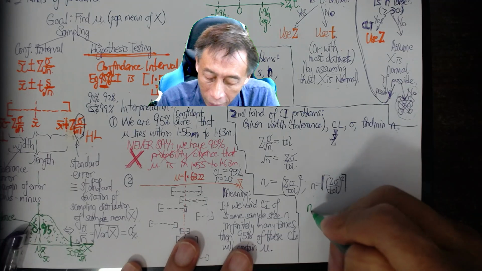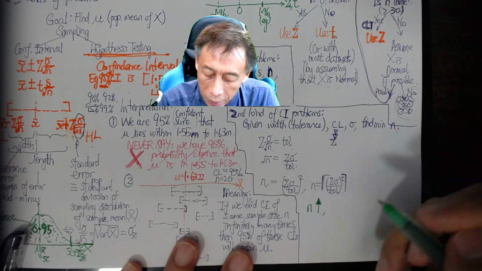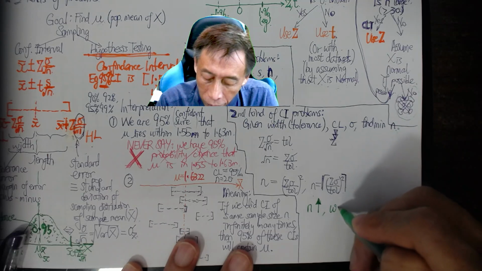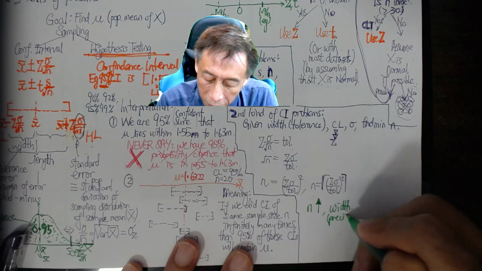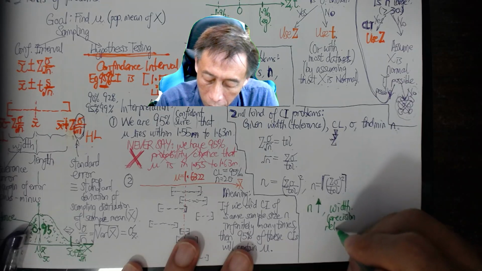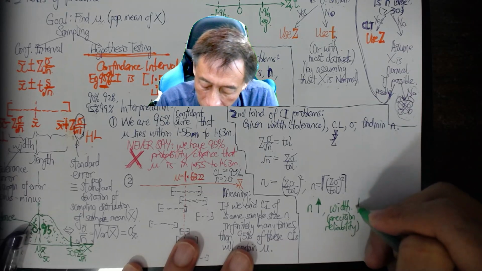So when n increases, the width, that is, the imprecision and unreliability, decreases, which is good.